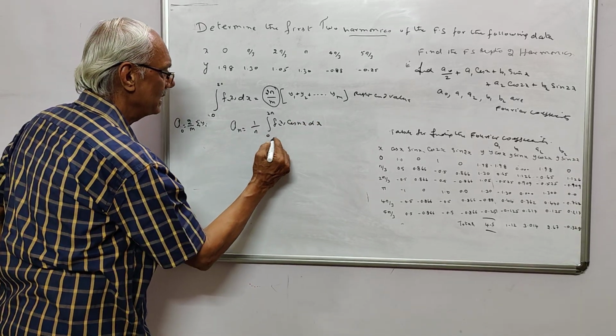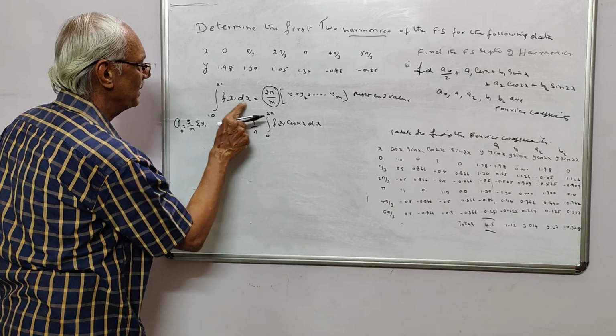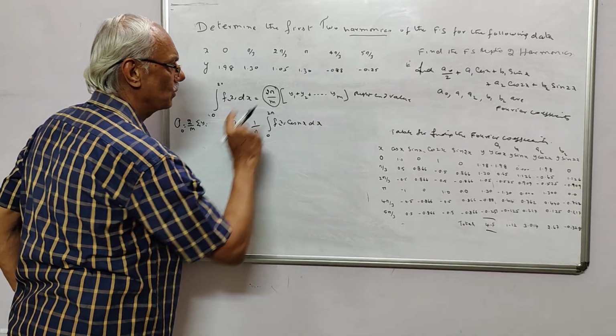Now if you multiply f of x by cos nx, you have to multiply the right side also by cos nx.